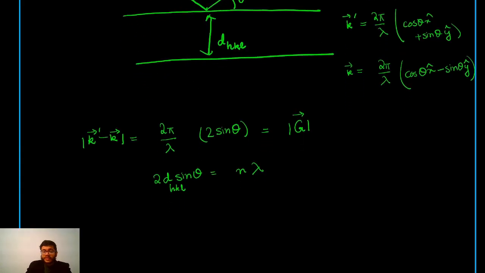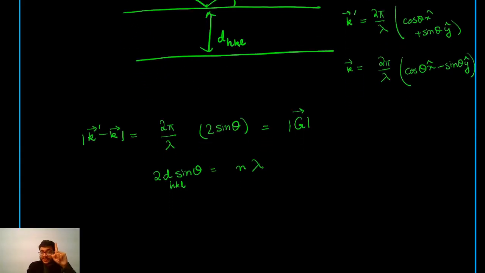And we also said that the g vector, like g equals h a star plus k b star plus l c star, is perpendicular to the hkl plane, the plane having Miller indices hkl.